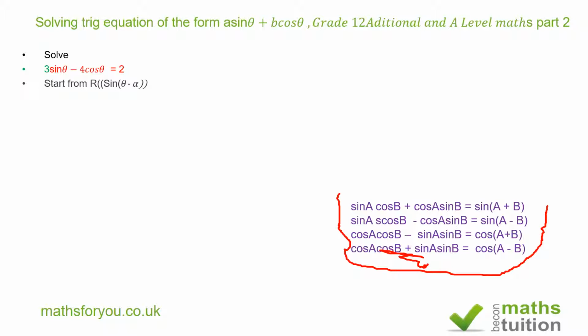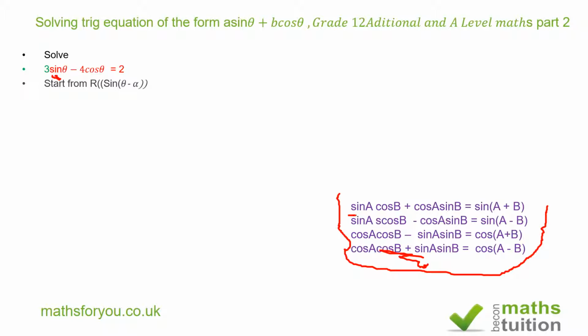And if you look closely, I've got sine. If I call A my theta and so forth, I got sine theta there, and I got minus cos theta. So if I let A be theta, well, in this case, that's not truly the case.